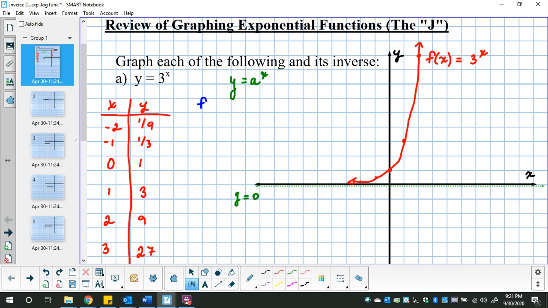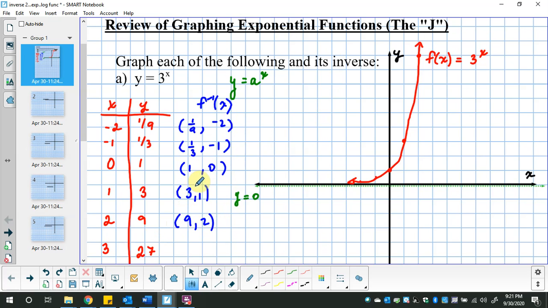So I'm just going to make a little list here, and I'm going to flip them. So (-2, 1/9), (-1, 1/3), and (0, 1). I should be putting brackets around these because they're not in chart form this time. (1, 3) turns into (3, 1), (9, 2), and there's no way I'm putting 27 on there, so I'm not even going to go there.